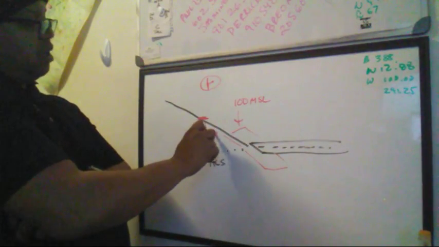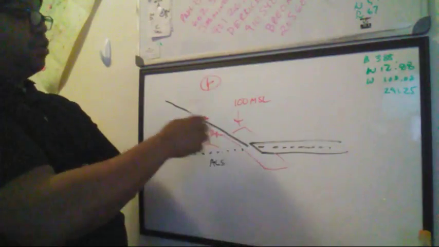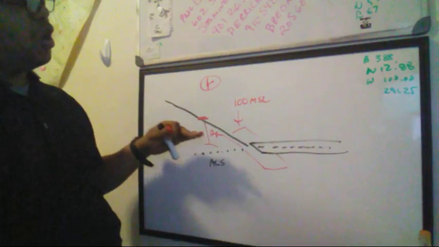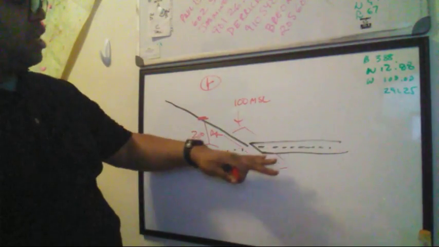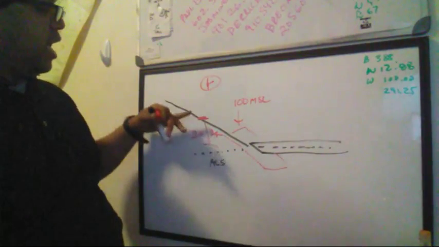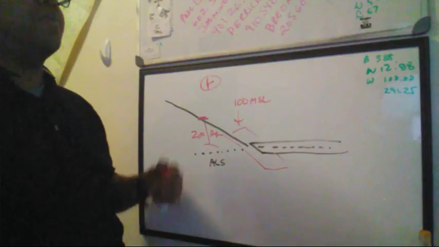And guys, I'm sorry, I'm going to try to make this as simple as possible, but don't get caught up in this. The person asking this question understands what I'm talking about. So the touchdown zone elevation is 100 feet above sea level, and you're going to step down to 300 feet on your altimeter. So you'll be typically about 300 feet.